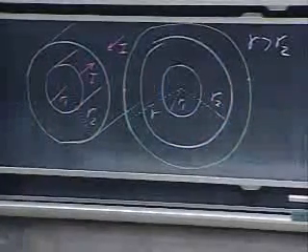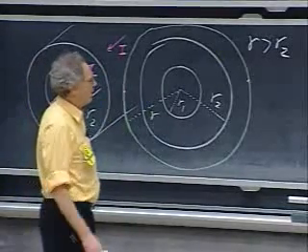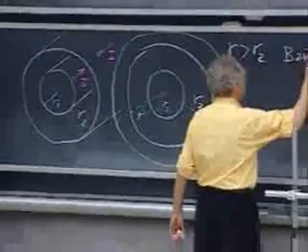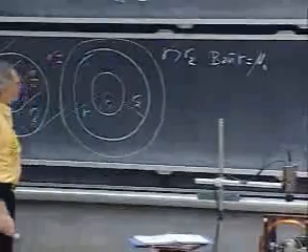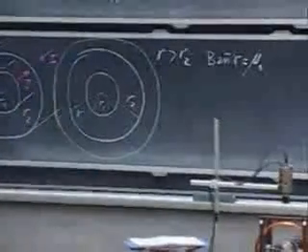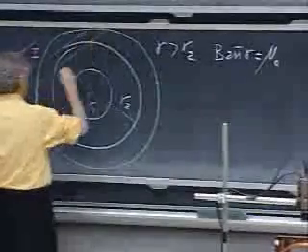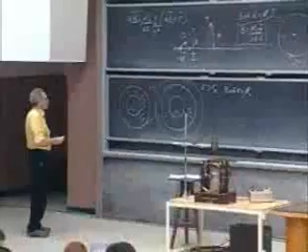And so we go around, we make the closed loop integral, use the equation that we have there at the bottom, and so you get B times 2 pi little r equals mu 0. And now I have to attach an open surface to this loop. I could use any surface, but I might as well use a flat surface.